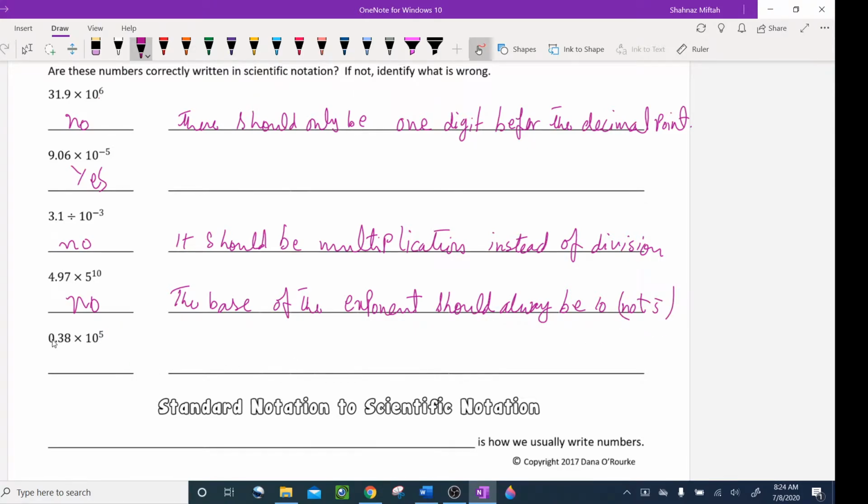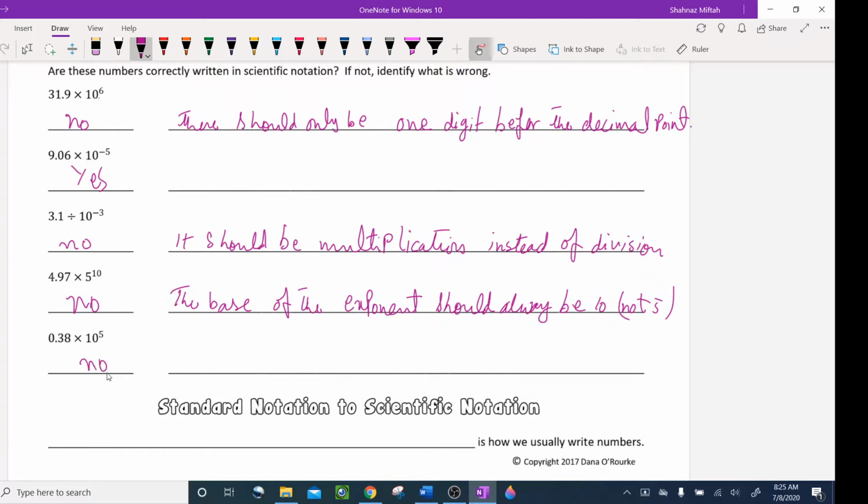Okay, this one, 0.38 times 10 to the power 5. Now, what happened here? This number should be greater than 1 and less than 10. So less than 10 is okay, but it's not greater than or equal to 1.